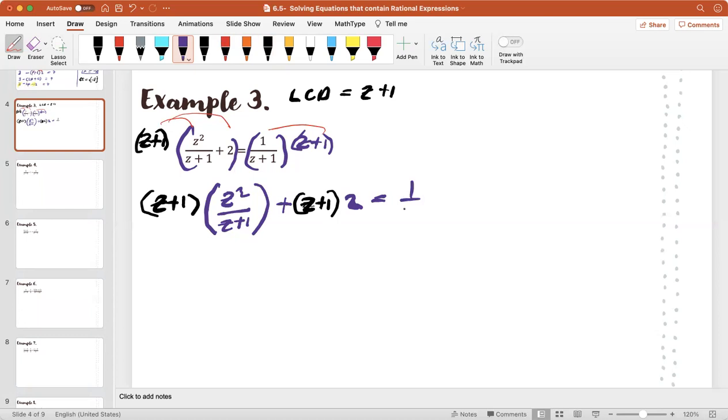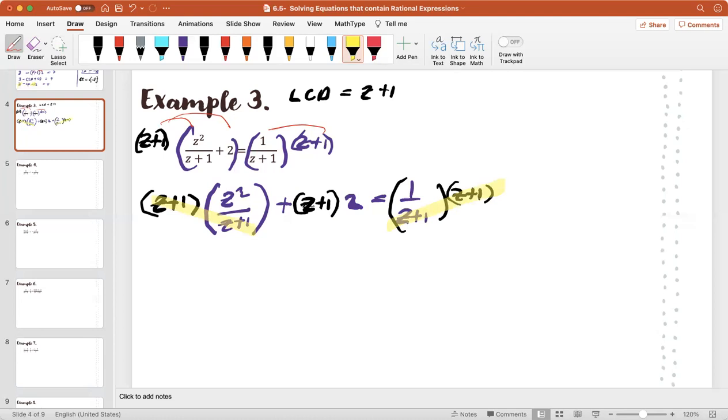This is 1 over z plus 1 multiplied by z plus 1. And I think we're ready to clear our denominators. We have z plus 1 canceled. Right side, we also have z plus 1 canceled.